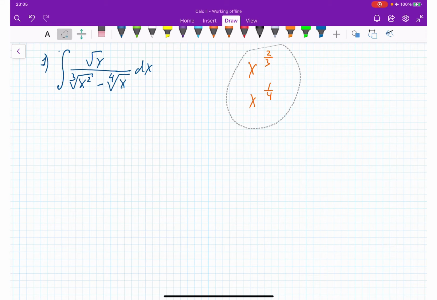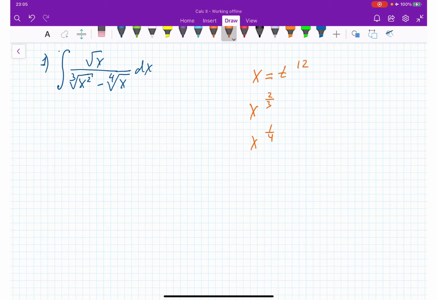Okay. What is going to be the common denominator between these 2/3 and 1/4? 12, right? So this is what I'm doing. I'm taking x equal to t to the power 12.